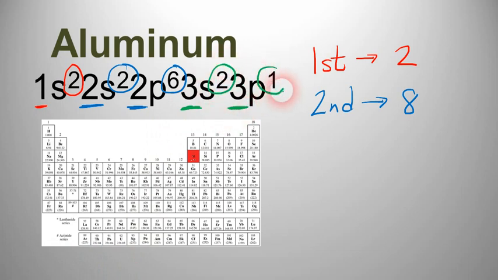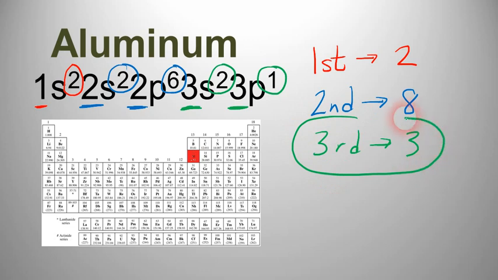So 2 plus 1, we have 3 electrons in that third energy level. And so based upon the electron configurations, we can actually determine where the electrons are. Now, of all these electrons, really the most important ones that we're concerned with in chemistry are the ones in the outermost energy level. So in that case, that would be these 3 electrons in that outermost energy level.